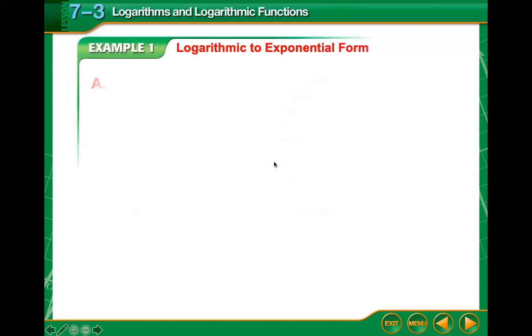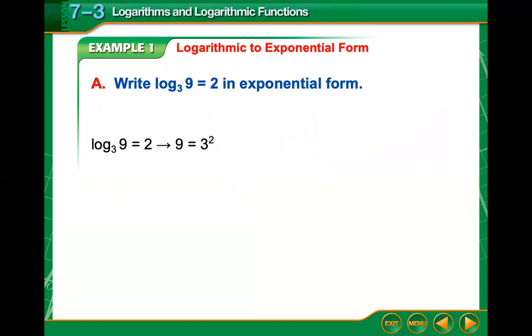So first thing we're going to do is go ahead and write log base 3 of 9 equals 2 in exponential form. When you have one completely with all the numbers in there, sometimes it's easier to write it based on what you know versus trying to follow a pattern, such as I need to use 3, 2, and 9. Something has to equal another. And sometimes it's easier just to know that 9 is equal to 3 squared.